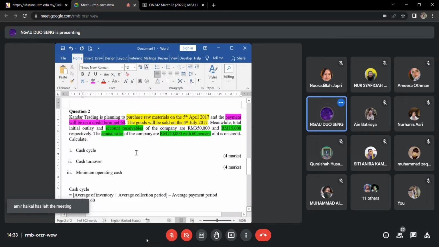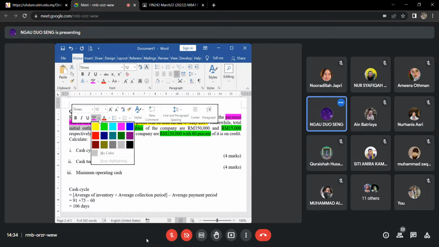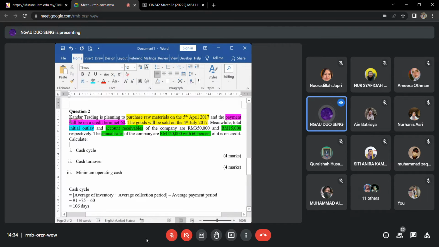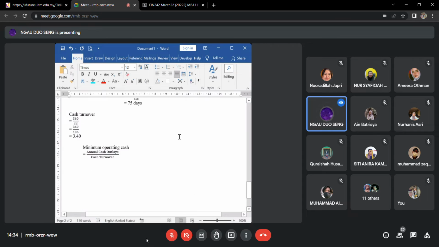Where is the annual cash outlay? Here, total initial outlay is the cash outlay. Initial outlay is 360,000. So we just put 360,000 divided by cash turnover 3.4.